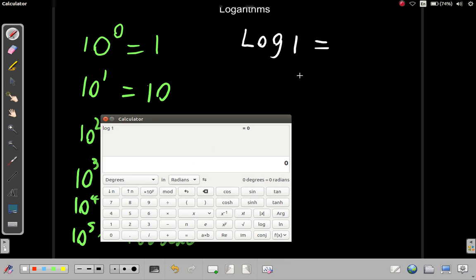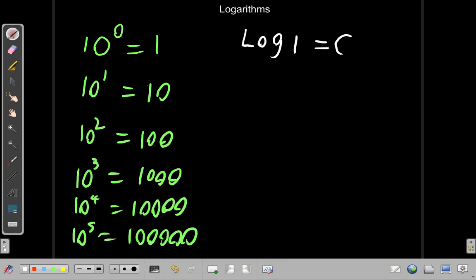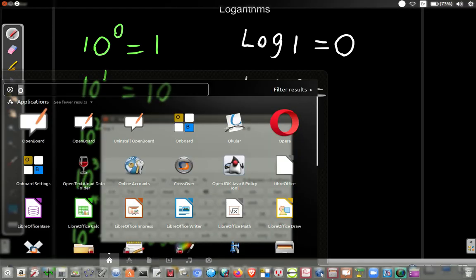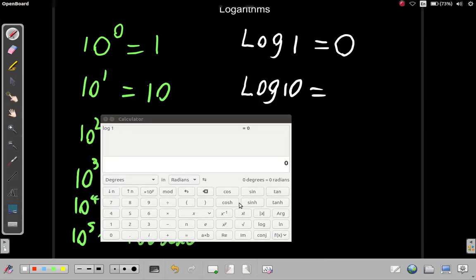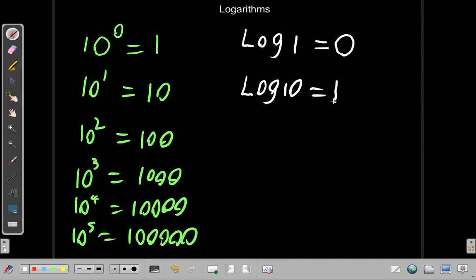We get 0. When we found log 1, we got 0 as the answer. Alright, it's 0. What about log of 10? What is log 10 equal to? Let's clear the screen. Log of 10 equals 1. So log of 10 is 1.